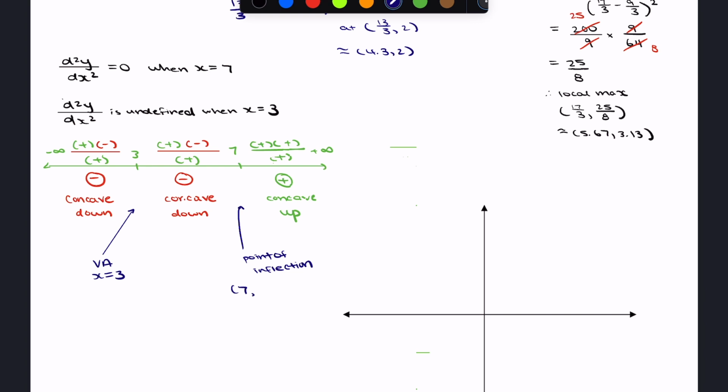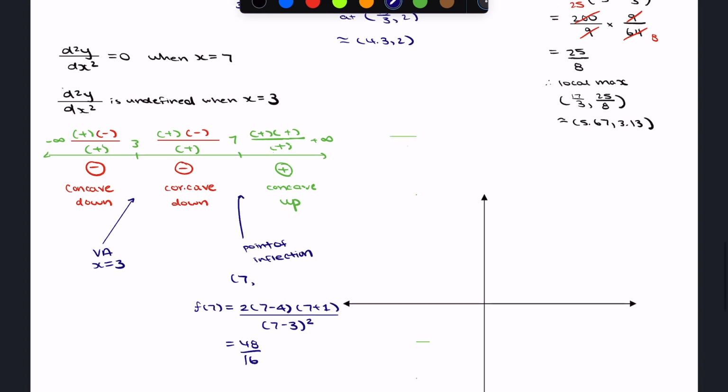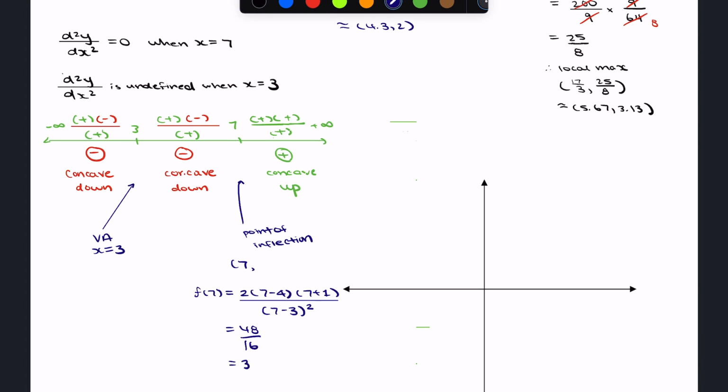And if we sub f of 7 into the equation, so 2 times 7 minus 4 times 7 plus 1 over 7 minus 3 squared, that'll give us 48 over 16, which is equal to 3. So we have a point of inflection at 7 and 3.